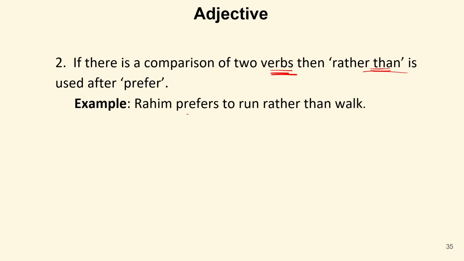For example, Rahim prefers to run rather than walk. Now here, run and walk are being compared. Both of these are verbs. That is why we are using rather than, not to. If I had written the words running and walking, they will be gerunds. In that case, again we'll use to, not rather than.